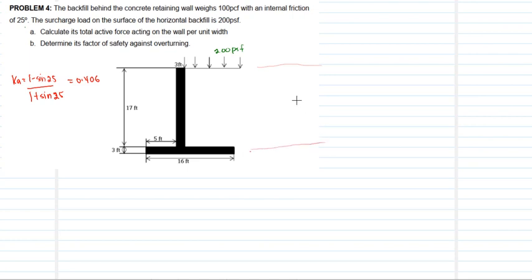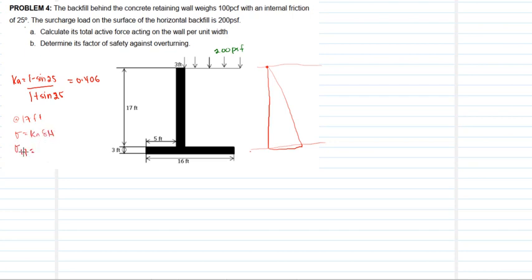Okay? So, pag meron na tayong Ka, we can now solve for the pressure. If this is our pressure diagram, masasolve natin yung pressure natin due to the soil, at 0, 0. Ihiwalay natin yung surcharge para mas madali yung pressure diagram natin. And then, at 17 feet, meron tayong pressure. So, at 17 feet, yung pressure natin is equal to Ka times unit weight times height.